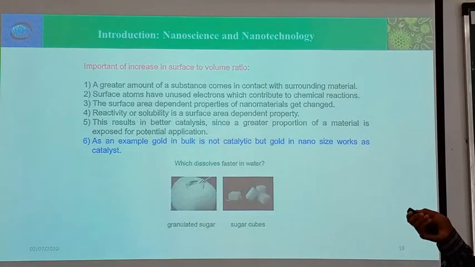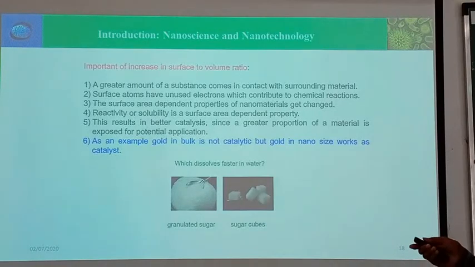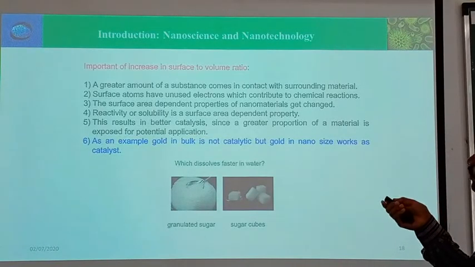So it is important to study the surface to volume ratio in the case of nanomaterials. Here we can see the example of granular sugar and sugar cubes. The number of atoms on the surface gives the maximum surface area. That's why we are interested in nanometers, because this provides the highest surface to volume ratio.